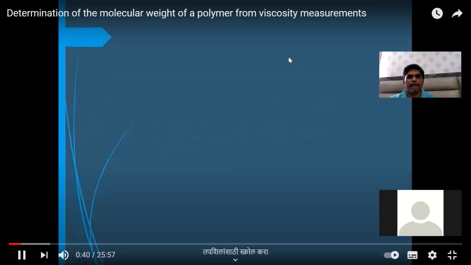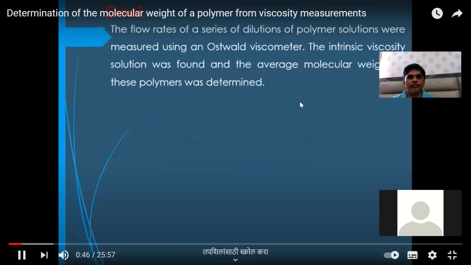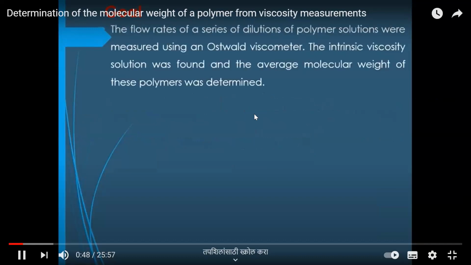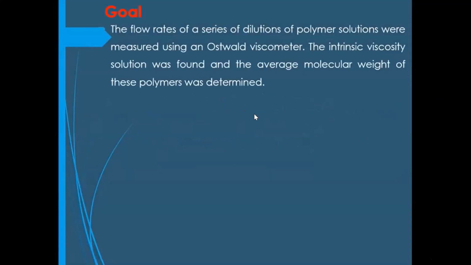The aim of these experiments included: the flow rates of a series of dilutions of polymer solutions were measured using an Ostwald viscometer, and we will explain this type of viscometer in the next slide.